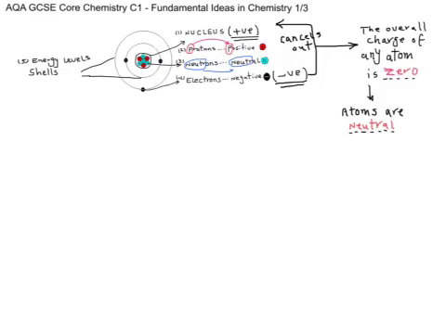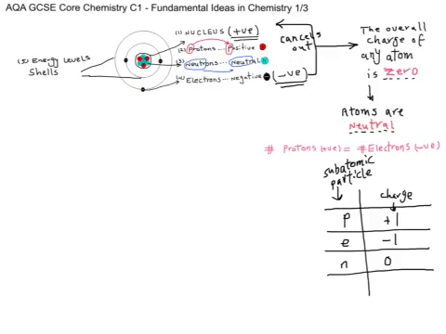So electrons have an opposite charge to the protons with the same number to give you a neutral atom. And this diagram summarizes the charges. Each proton has positive 1 charge, each neutron has 0 charge, each electron has -1 charge.